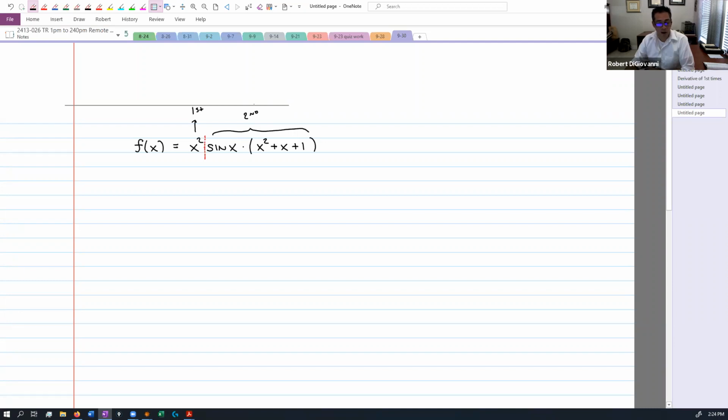And then I'm going to apply the product rule because I have two things being multiplied, right? So the derivative should be the derivative of the first one, which I'm going to write as x squared prime, times the second one, sine x times x squared plus x plus 1.